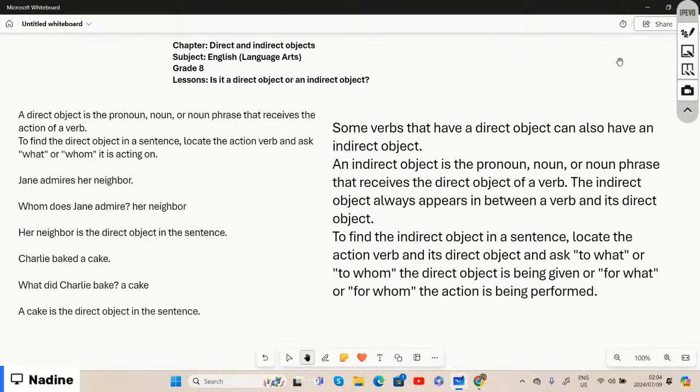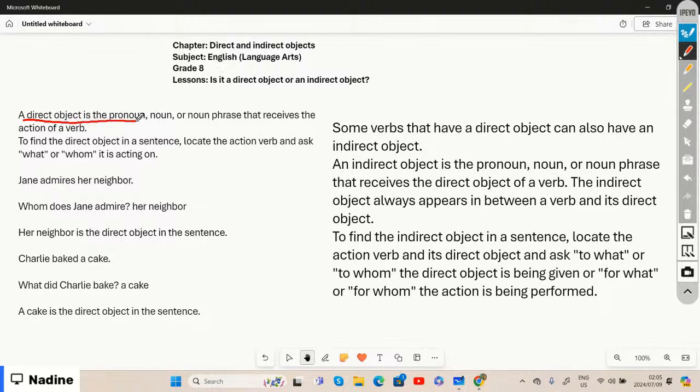All right. So when it comes to a direct object or an indirect object, we'll first start with a direct object. A direct object is the pronoun, the noun, or the noun phrase that receives the action of the verb.